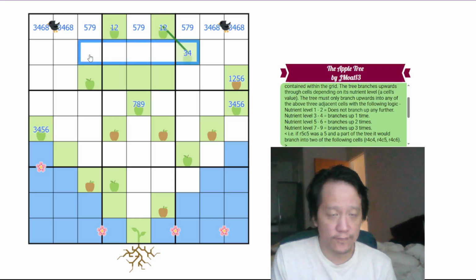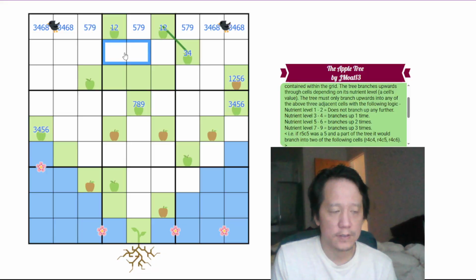That would guarantee 4 out of these would be branches, and at least 2 of these. That would mean one of these would be 5 or 6 guaranteed, because this would be a 3, 4 pair.